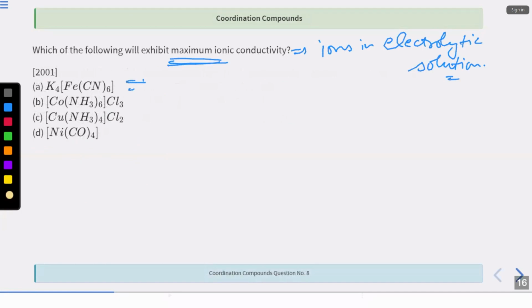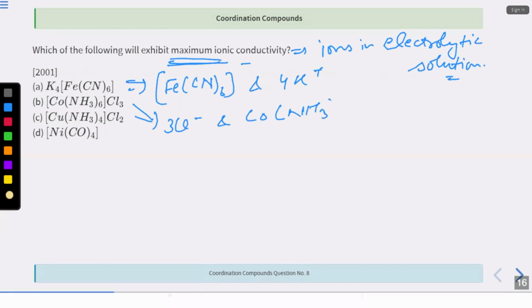So again, showing it here clearly, it will give [Fe(CN)6]4- and 4K+. This one will give 3Cl- and [Co(NH3)6]3+.